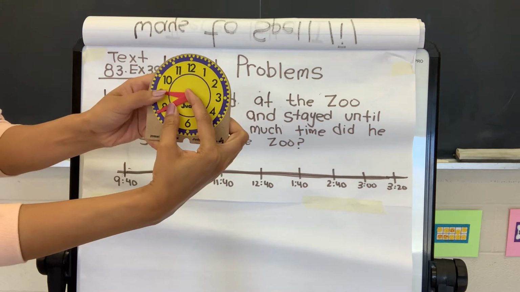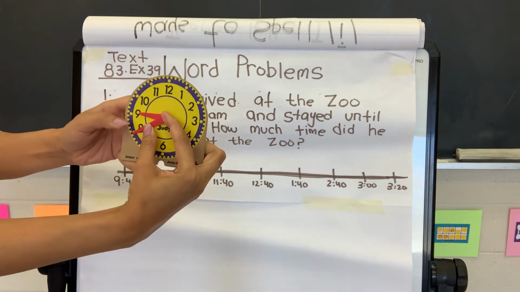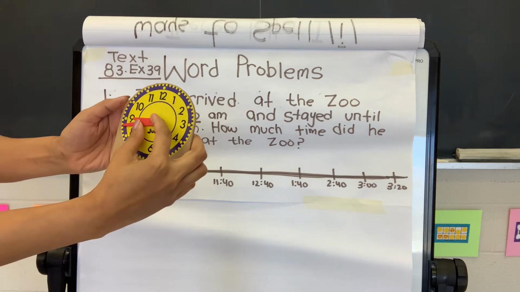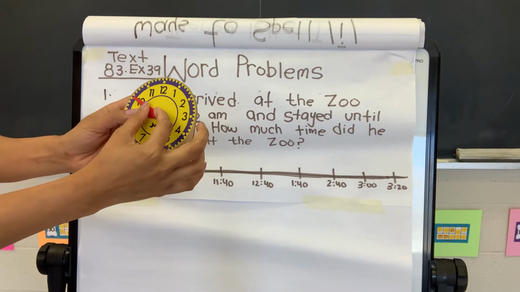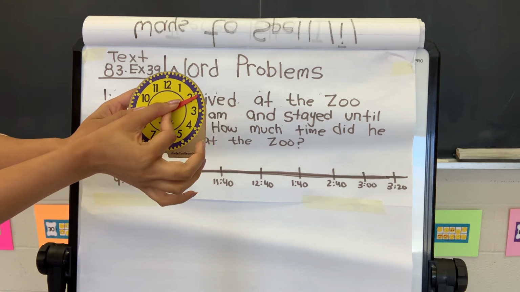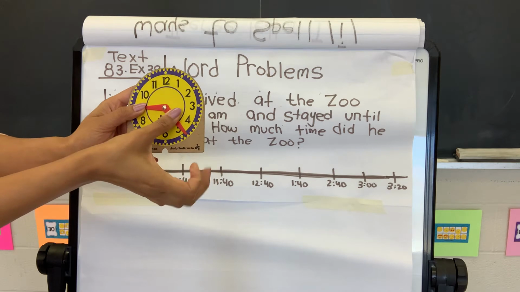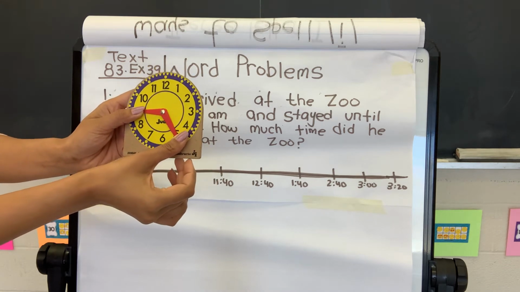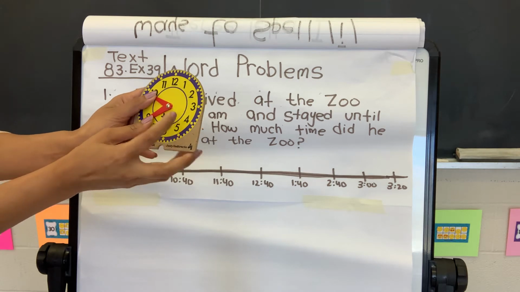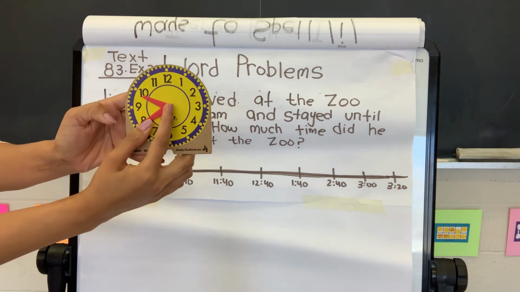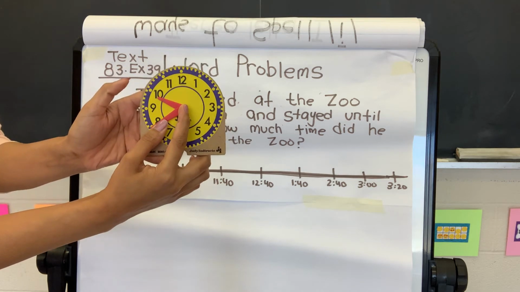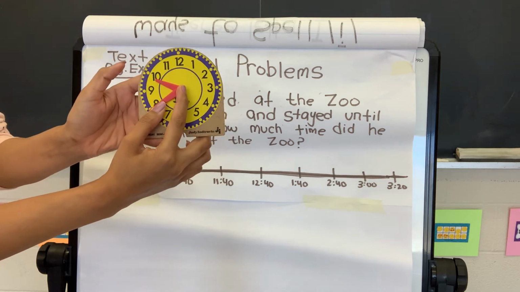Then from 9:40, I have 5 minutes, 10, 15, 20, 25, 30, 35, 40, 45, 50, 55, and 60. So an hour later, 9:40 to 10:40, that is 60 minutes. That makes it an hour.